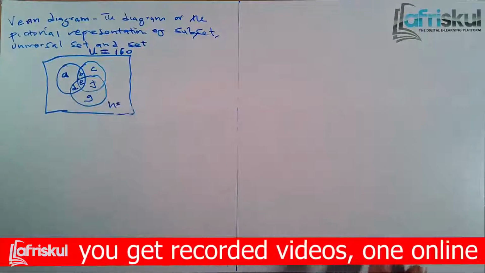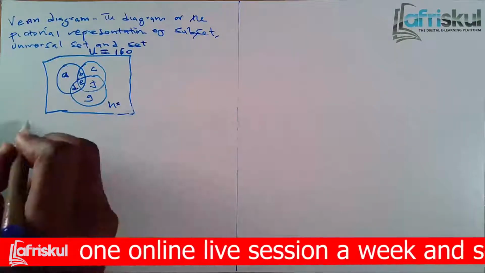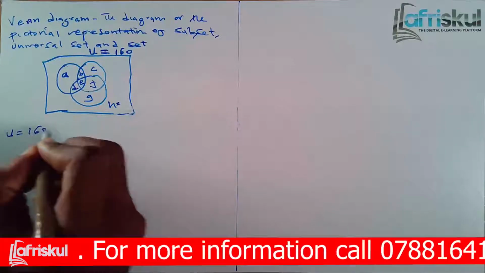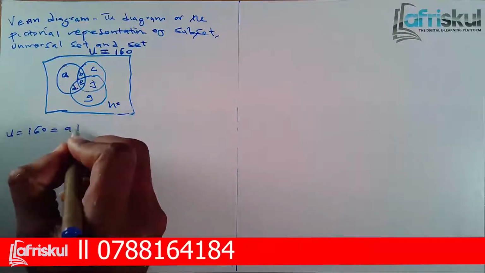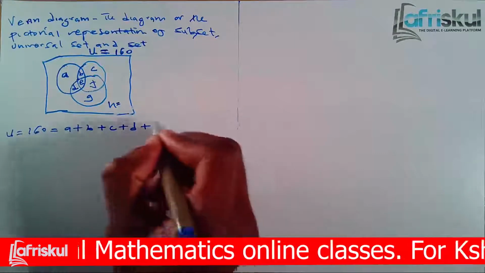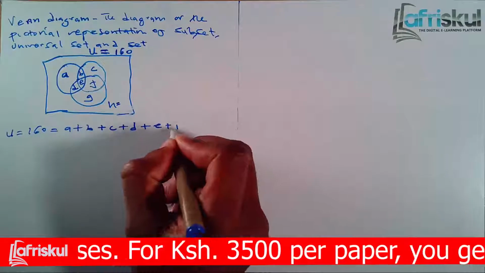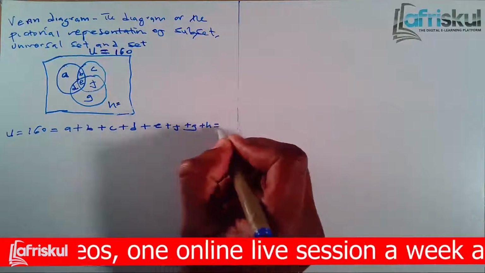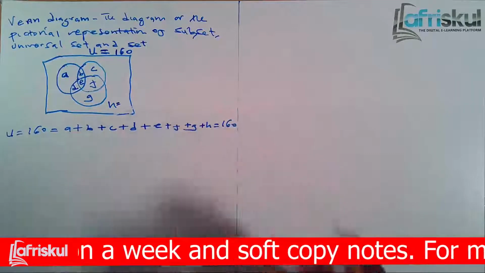So now you understand that your union, which represents 160, is equal to A plus B plus C plus D plus E plus F plus G, and do not forget H, which is equal to 160.